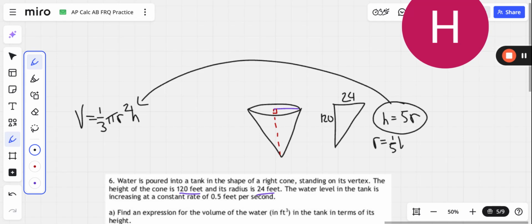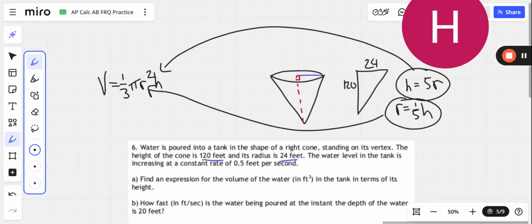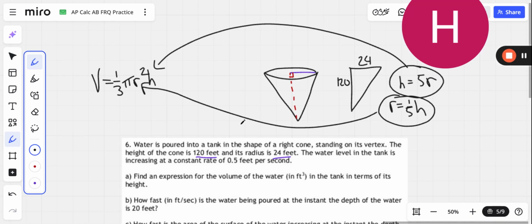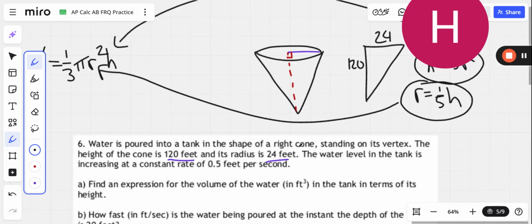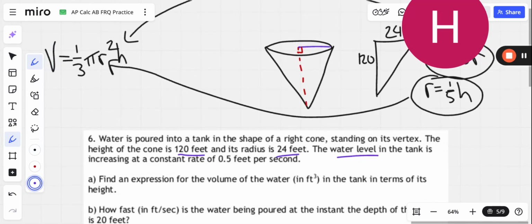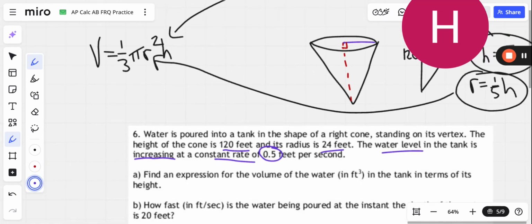It just depends on if we're going to want our equation to be in all terms of r or in all terms of h. We'll figure that out based on the information they give us and also based on what questions they ask. Okay. The water level, that's our h. The water level in the tank is increasing at a constant rate. What did they just tell us? They told us the height, the water level is increasing.